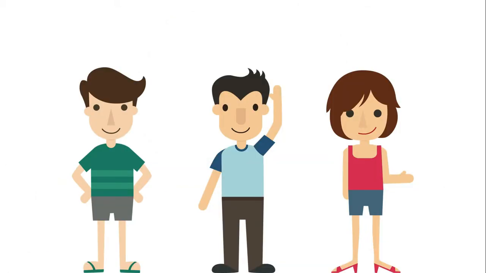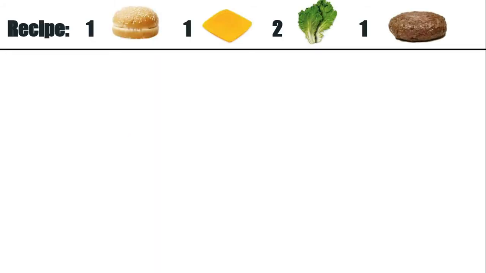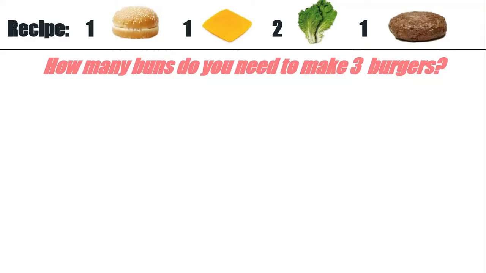Let's say you want to prepare three burgers, one for your brother, one for your dad, and one for your sister. How much of each ingredient will you need to prepare three burgers? Again, this is the recipe. The first thing that you need to do is to ask how many buns you need to make three burgers.